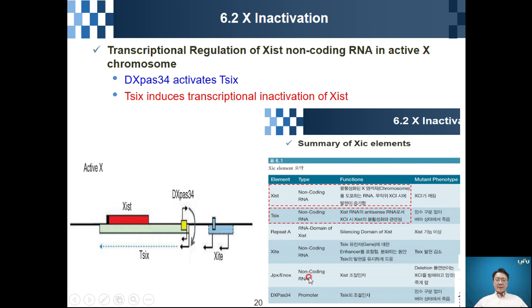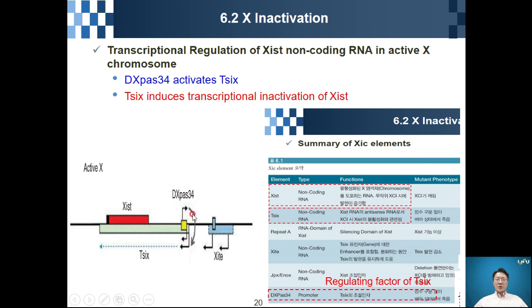In this slide, I will also explain another element, DXPAS34. The main function of DXPAS34 is that it is a regulating factor of TSIX.